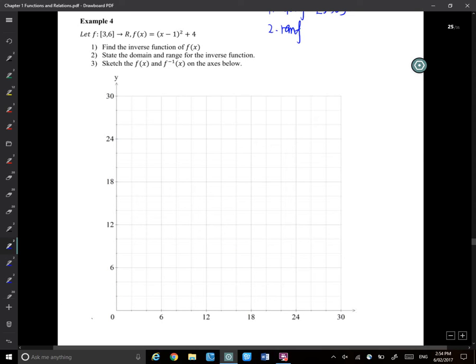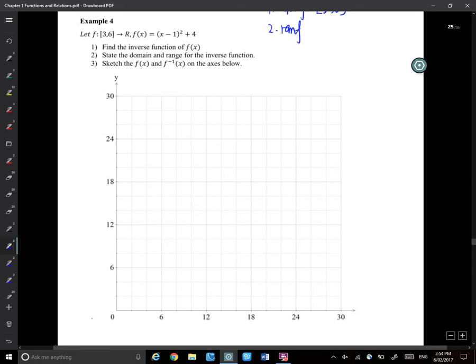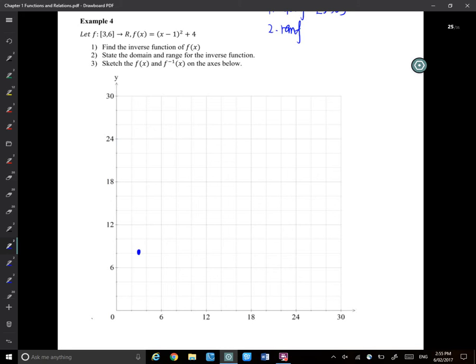Let's think about f(3). f(3) equals 2 times 4, which is 4, plus 4 is 8. So when x is 3, you will have 8, which is here. And the next one, x equals 6: 6 minus 1 is 5, 5 times 5 is 25, 25 plus 4 is 29.